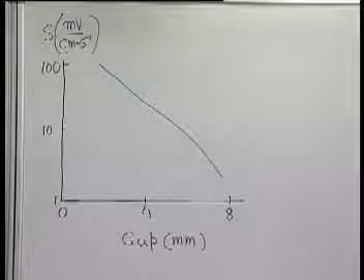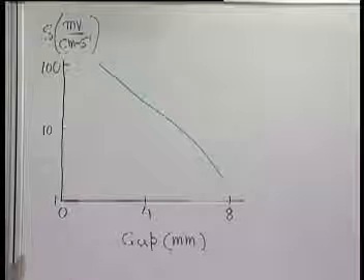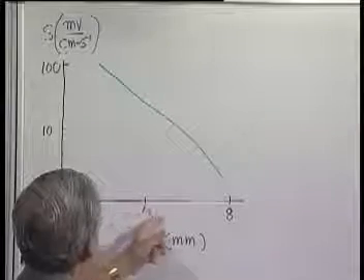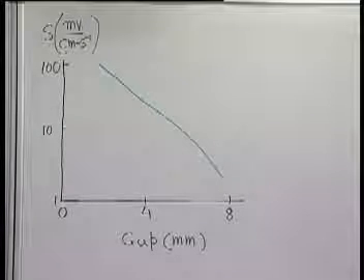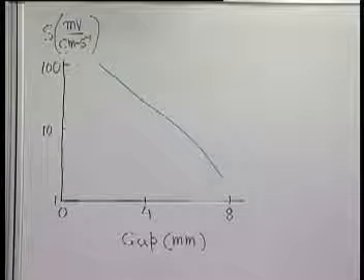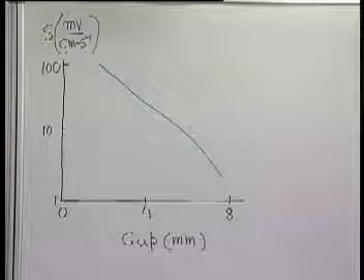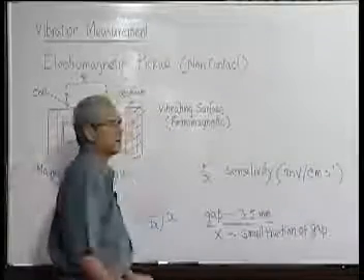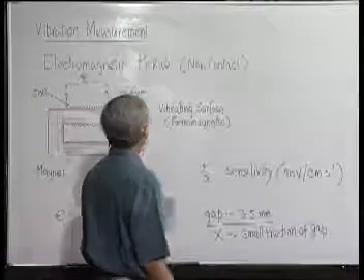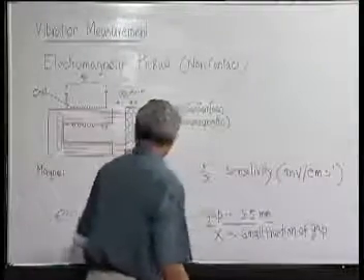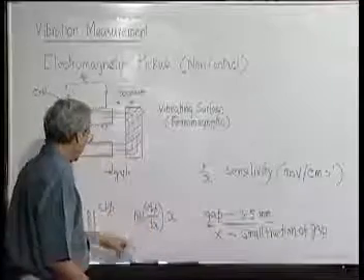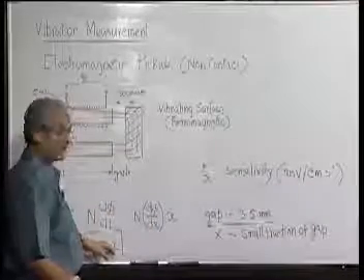But one thing we can see is that a change in gap changes the sensitivity quite drastically. Unless the vibration is extremely small, in the normal case you will find that this is not exactly a constant, and therefore we cannot say E will be proportional to x dot.